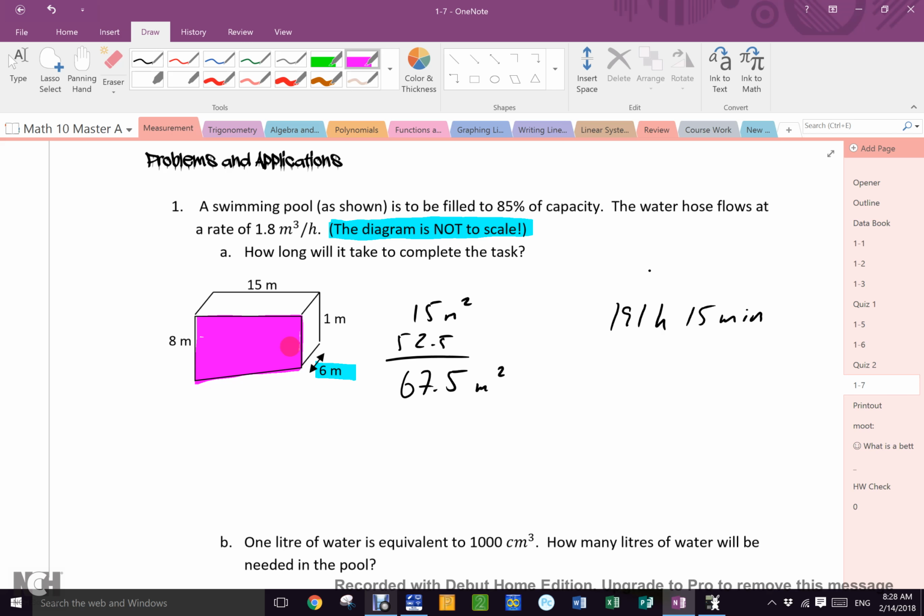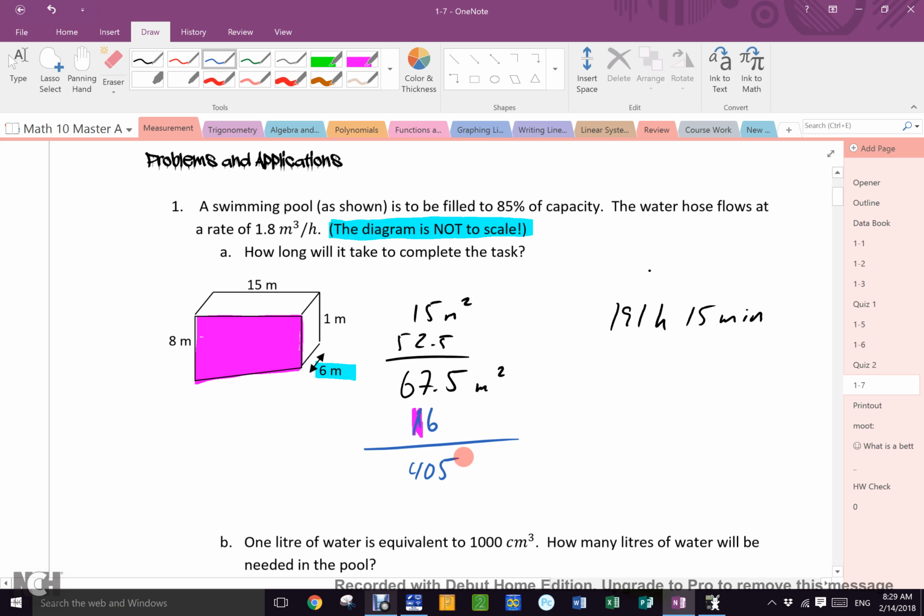Multiplied it by 6 to get what? The whole volume, right? When you multiply that by 6, you get something like 400 and something. 405.